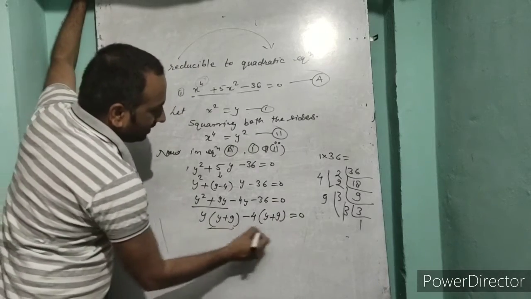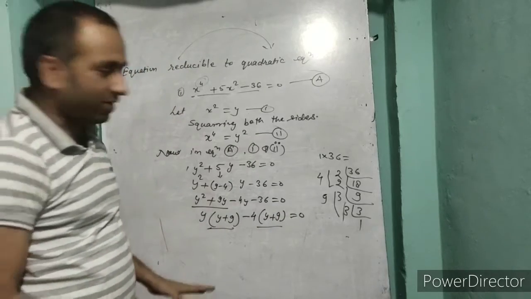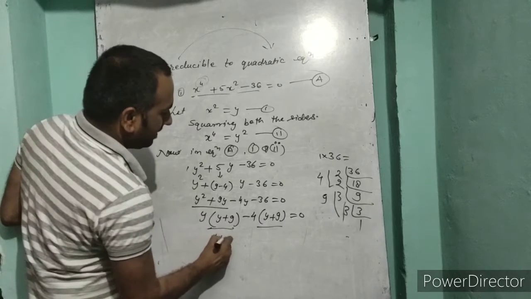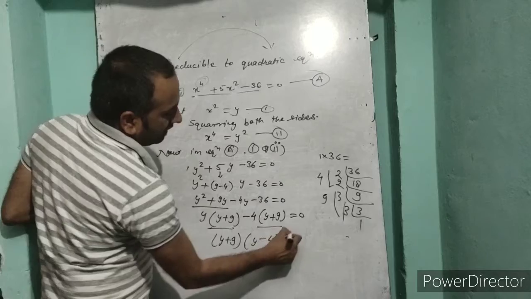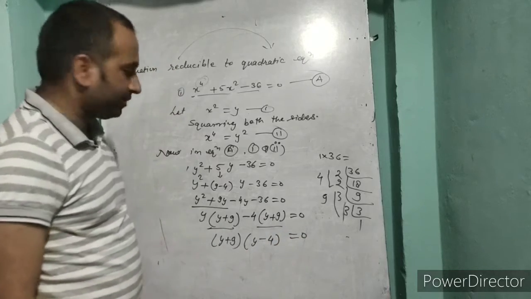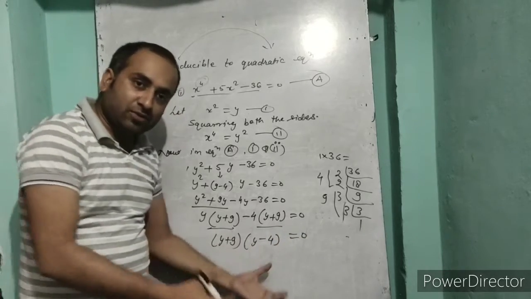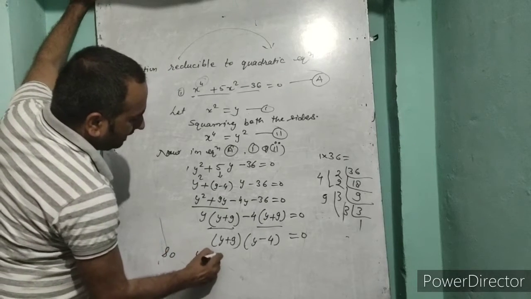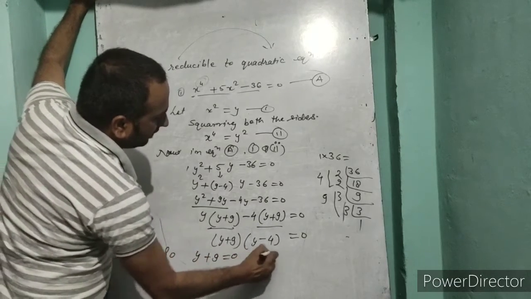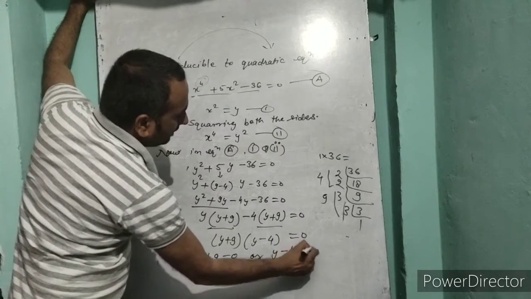Here you again see that y plus 9 and y plus 9 both are common. So y plus 9 we will take common. What we have? y minus 4 is equal to 0. So first is y plus 9 is equal to 0, or y minus 4 is equal to 0.